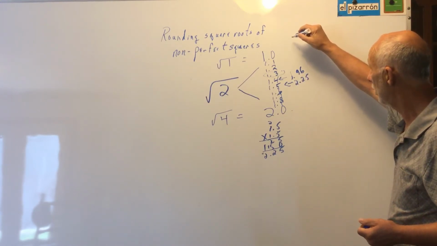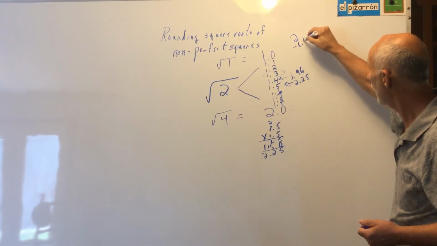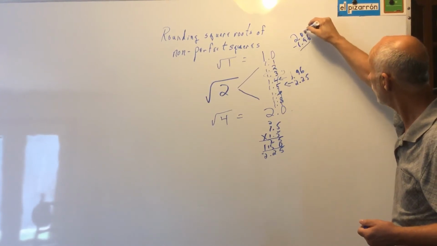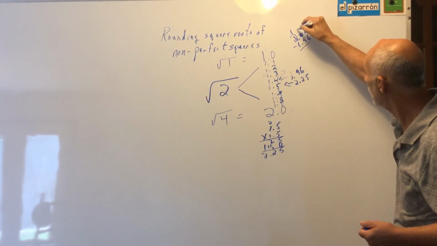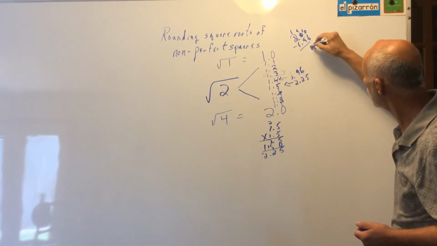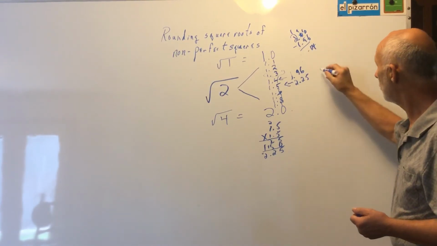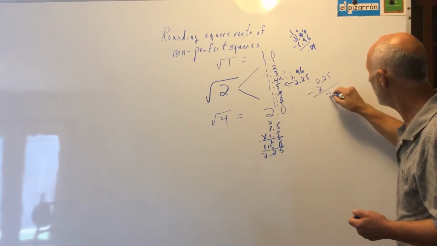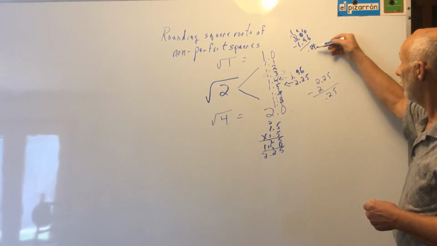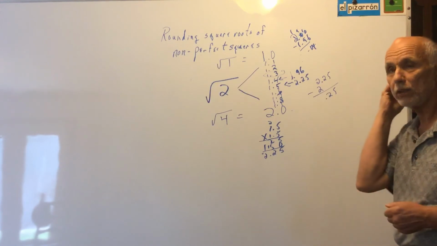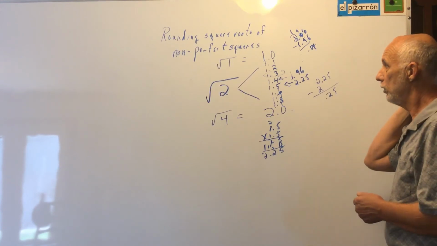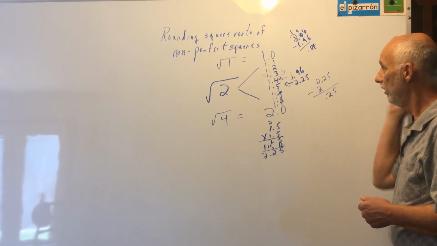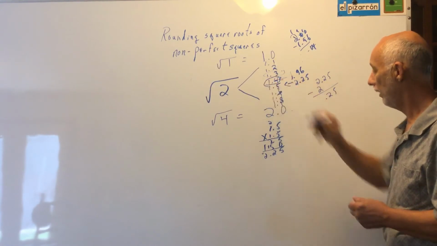Because if you took 2 minus 1 and 96/100, you would only be 4/100 away. If you take 2 and 25/100 minus 2, you would be 25/100 away. And 4/100 is way closer than 25/100. So to the nearest tenth, your answer is 1 and 4/10.